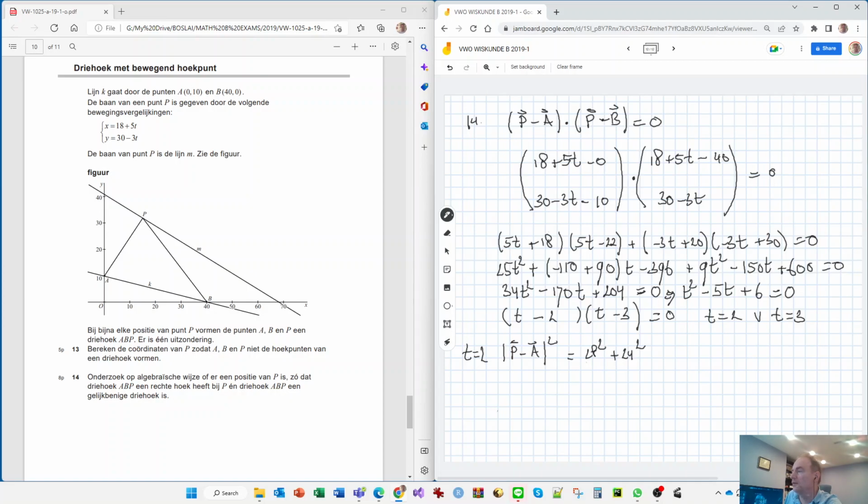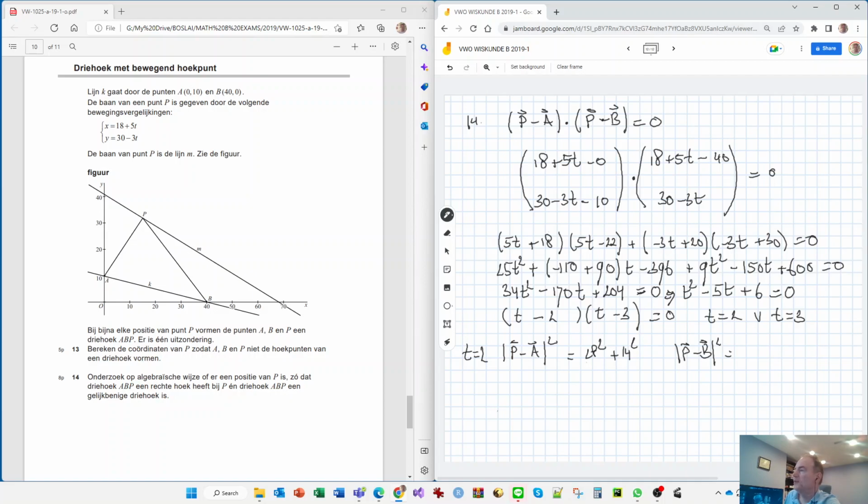And P minus B, the norm squared, is, I think I didn't, no, I didn't take this minus 10, so it is 20 minus 6, it's 14 squared.